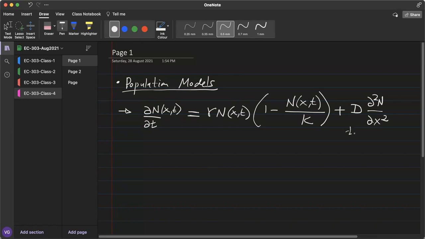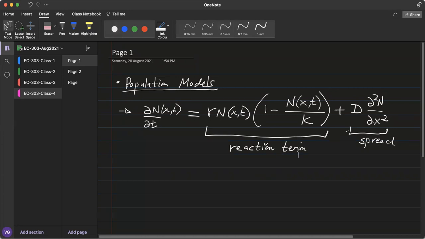The spreading is via diffusion, whereas the birth and death happen via what we call a reaction term. The name reaction comes from chemical reactions. In this case for us, it's the birth and death processes that cause the reaction term, and the spread causes the diffusion term.